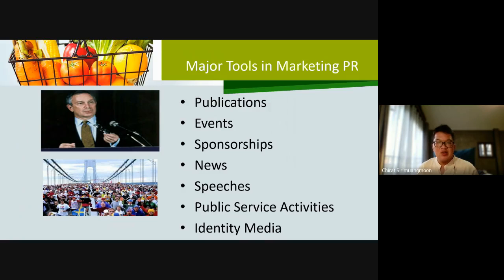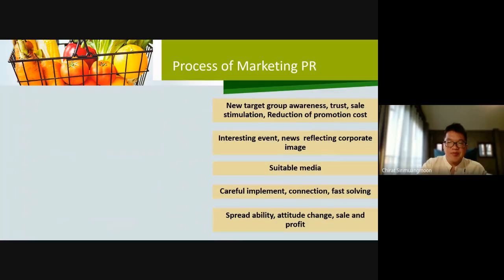Events: you can use marketing PR on events or sponsorship. If you have a sponsor, you can use the sponsorship to announce your public relations too. You can also use the news, speeches, public service activities, or identity media, which is specific media that your target group is in. So this is an example.